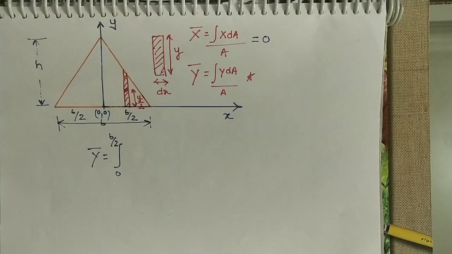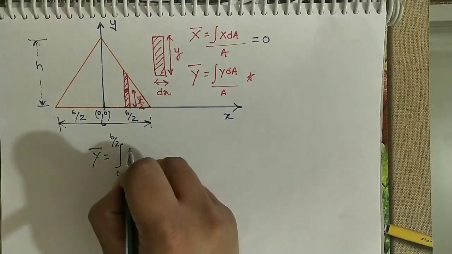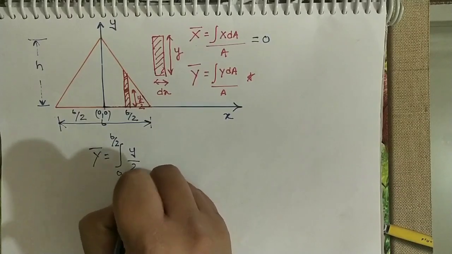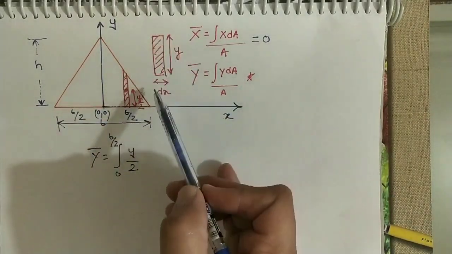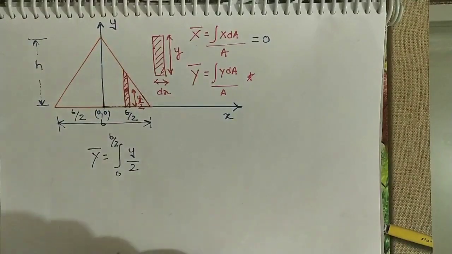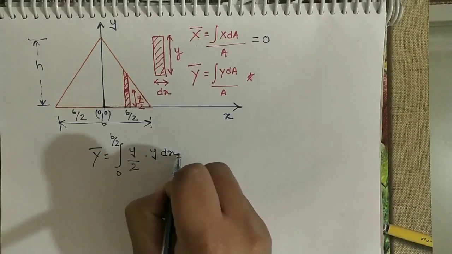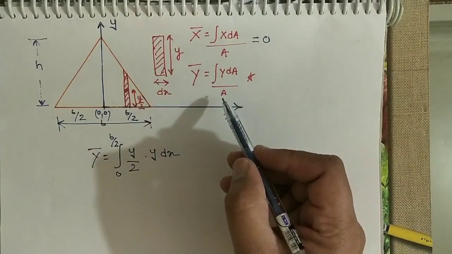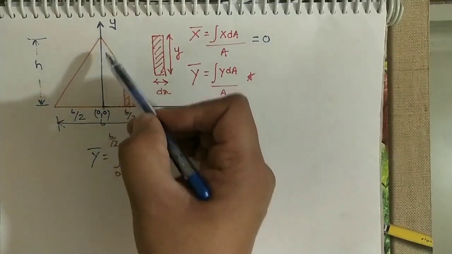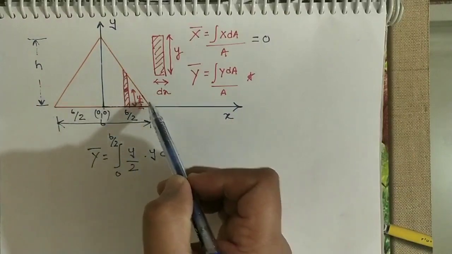Now this is the centroid of the element under consideration, which is nothing but y by 2. This dA is the area of the element which we have considered, which is nothing but y dx. This is the area for the limit that we have applied, 0 to b by 2. So this is the area of this part of the triangle.